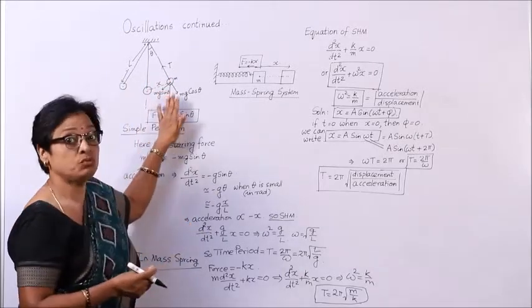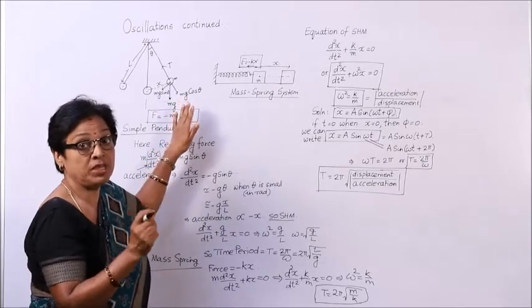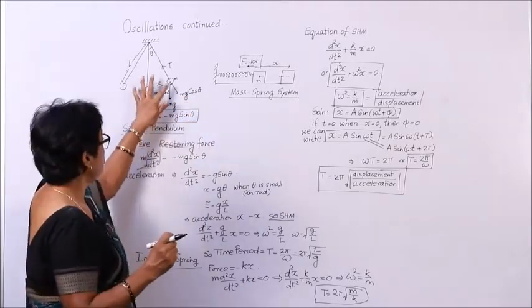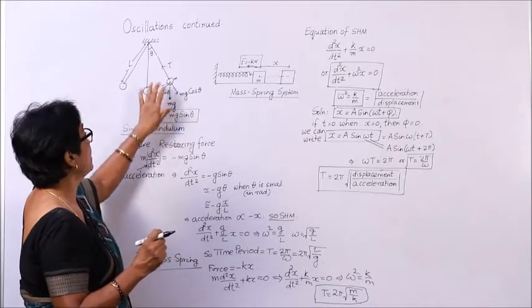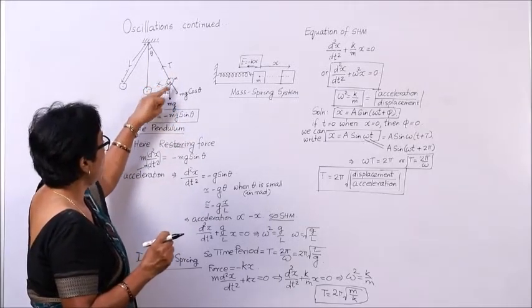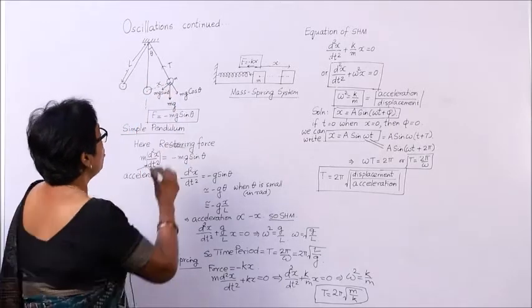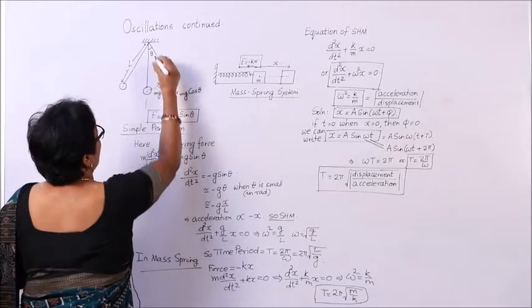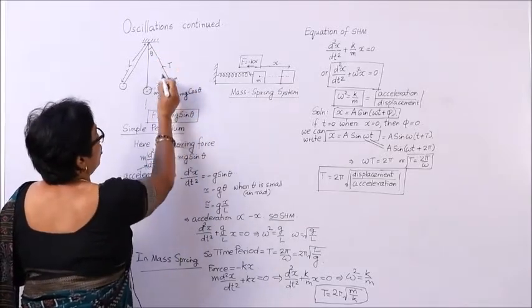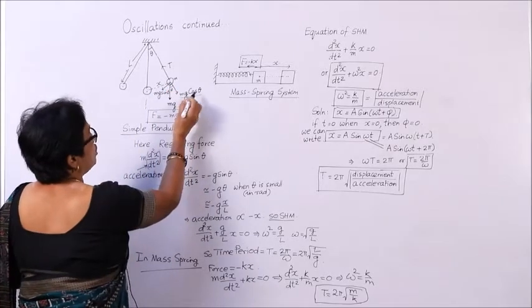Now, what is the restoring force which is trying to bring it back to the mean position? If I draw the free body diagram of the simple pendulum mass, here if m is the mass, mg is the weight acting vertically downward. Now, I can find a component along this thread, mg cos theta, and another, mg sin theta.